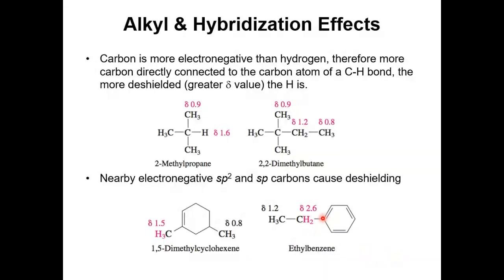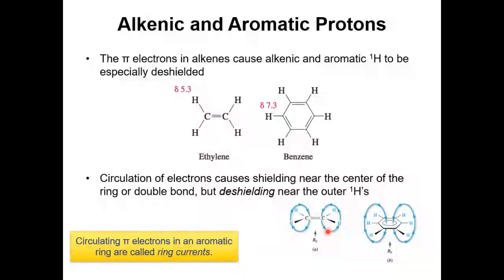But in the case of the benzylic one, this is sp2 hybridized, this is also sp2 hybridized, this is also sp2 hybridized. So it's a bit higher chemical shift value. So far, every systematic variation in chemical shift value can be explained by electron density variation.